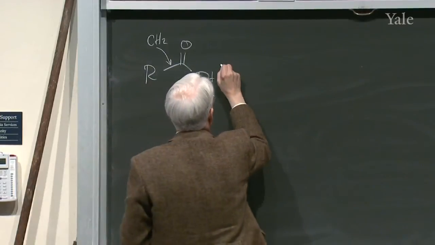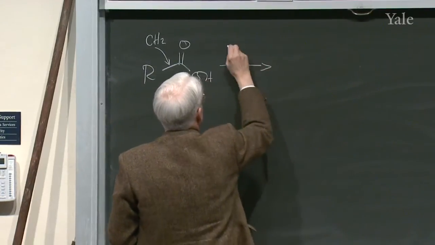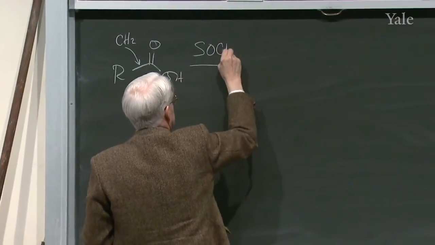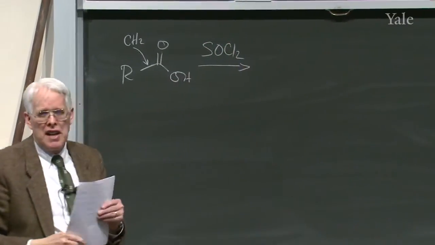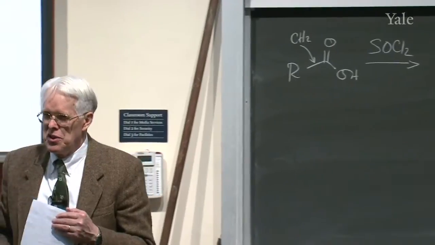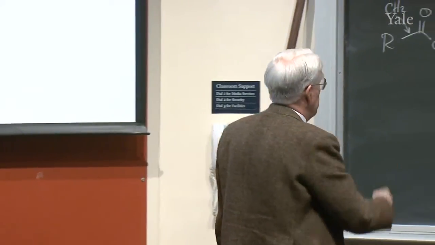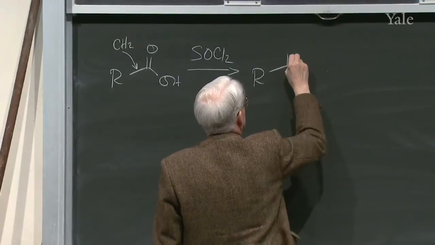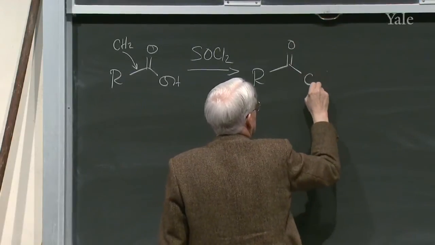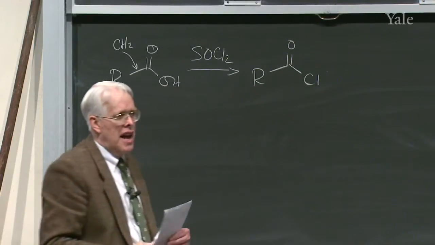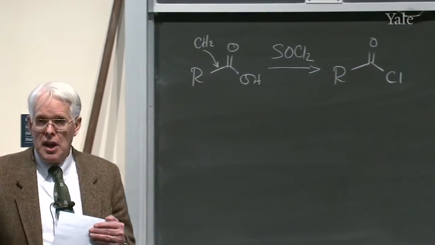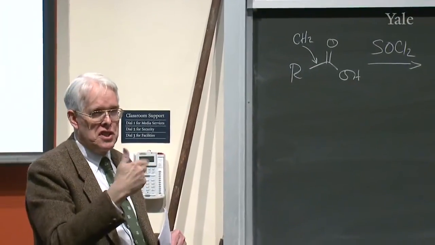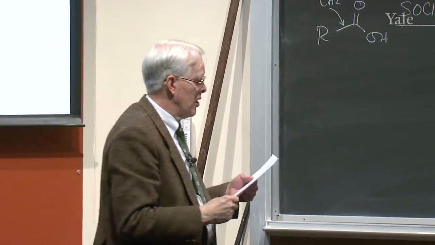And the way that one goes is first to react with SOCl2. What will that do to the acid? SOCl2, remember that reagent? It switches OH out for Cl. Replaces OH with Cl, the same as it does in ROH. So we have an acid chloride. And now nucleophiles can do association, dissociation, and displace the chloride.